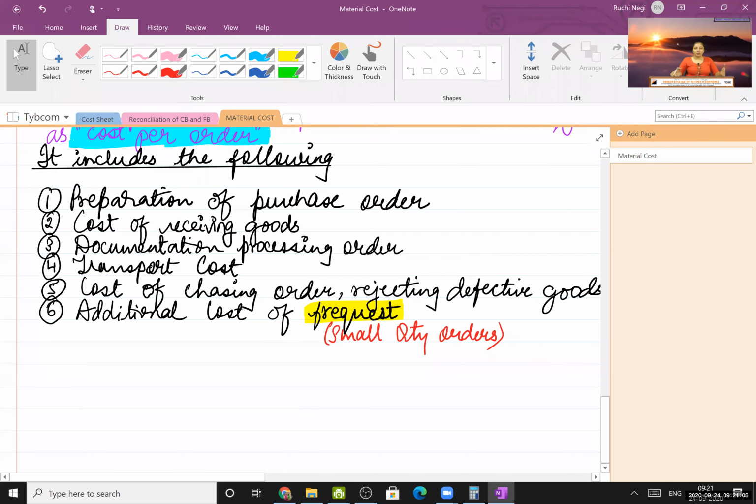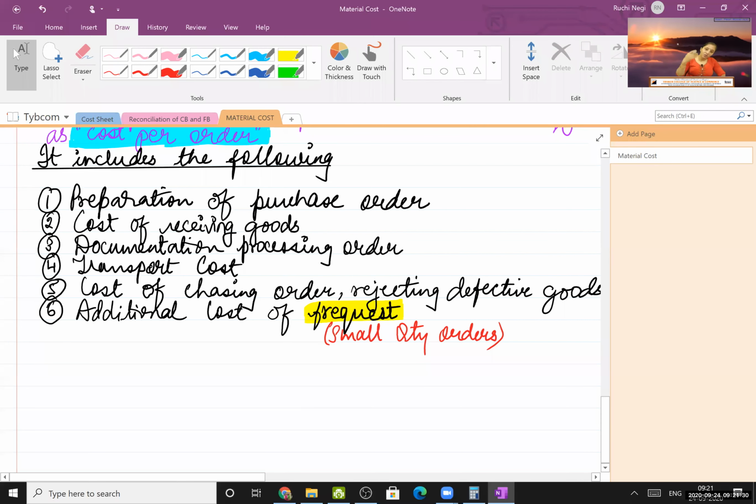Say वो एक टेम्पो ला रहा है, सो टेम्पो में 100 kg सामान आता है, तुम 100 लाए या 10 kg लाए, उसका खर्चा तो टेम्पो का वही होने वाला है ना. ड्राइवर का, you have to incur the driving cost, you have to incur the petrol, so that is not going to change, so that is going to be same only. Okay, so this is that additional cost of request, that is small quantity orders.